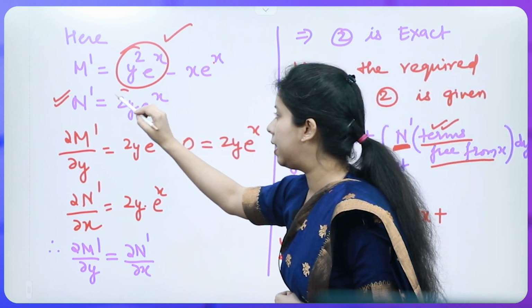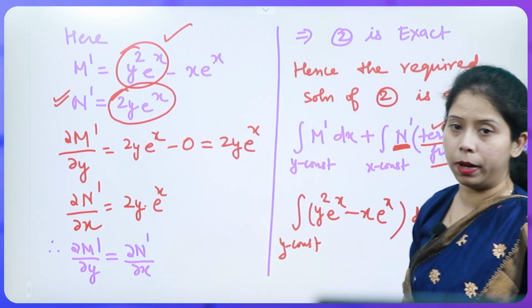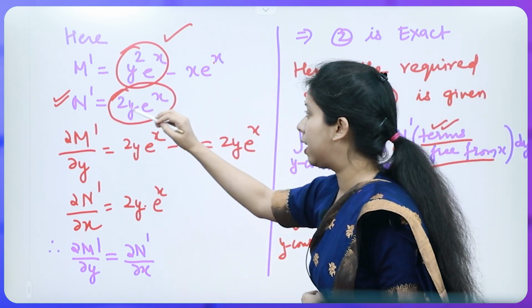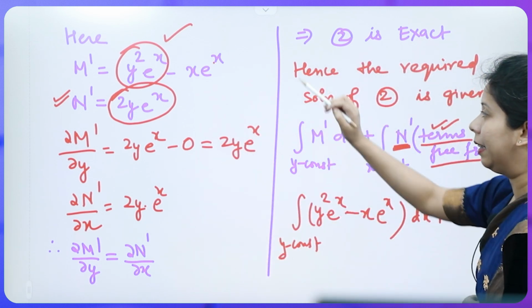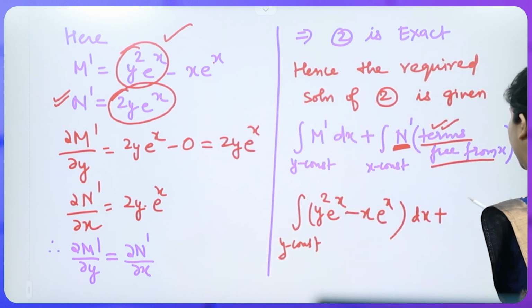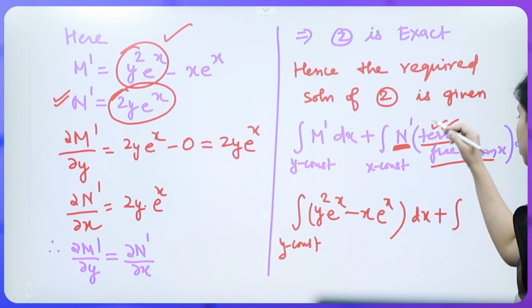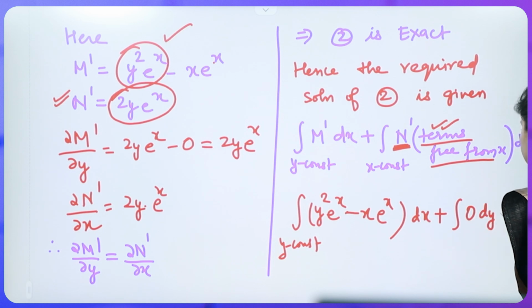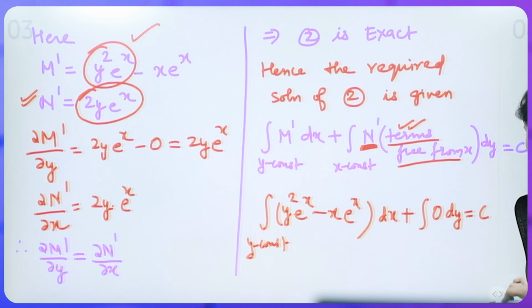Here you can see that N' is not free from x, it is having e^x multiplied to 2y. So, that cannot be separated. So, here the integration has no terms, so 0 dy is equal to c. We have a c for the RHS.